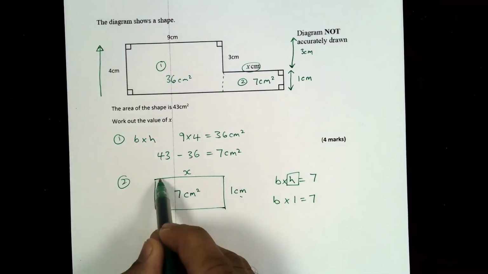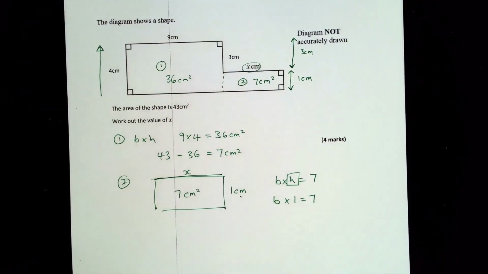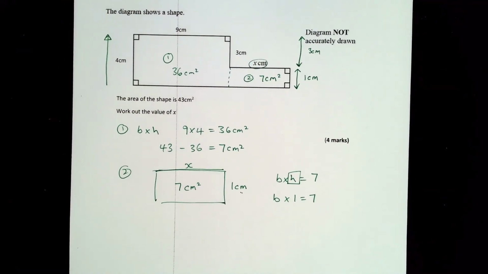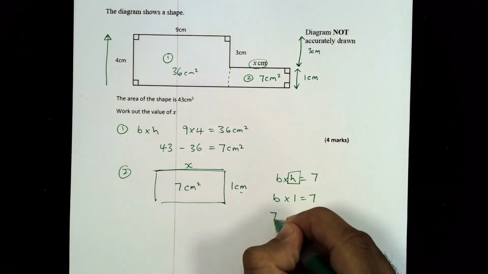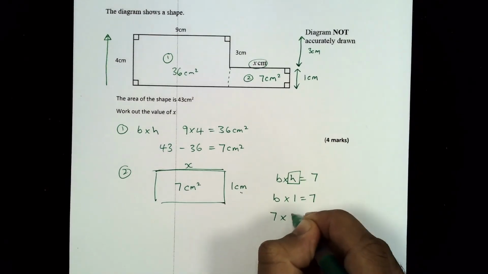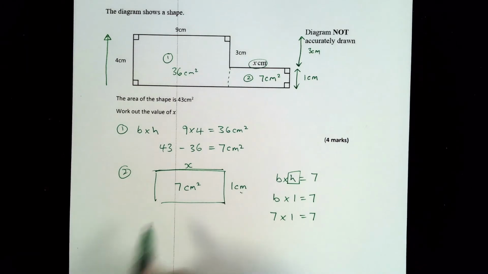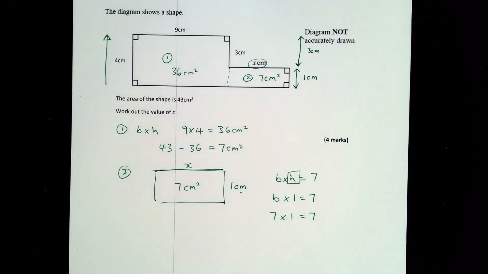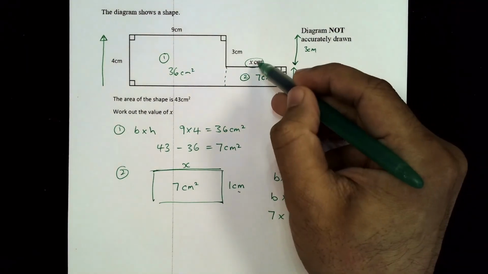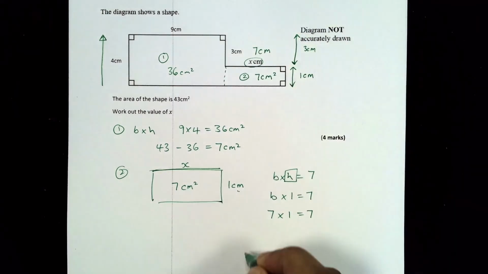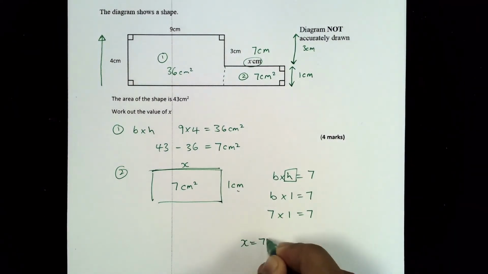What does this have to be? And hopefully you're all shouting at your computers now saying it's got to be 7. And you're right. It has to be 7, because 7 times 1 is the only way to make the area 7. So we've just worked out that x equals 7 centimeters. So my final answer then is x equals 7.